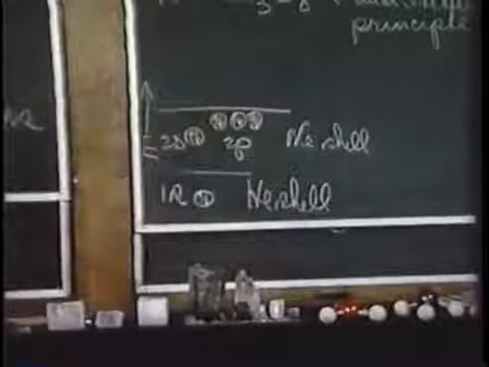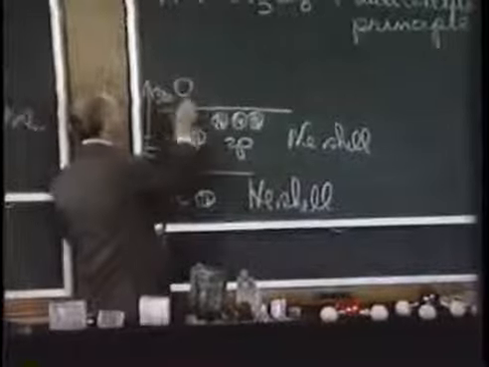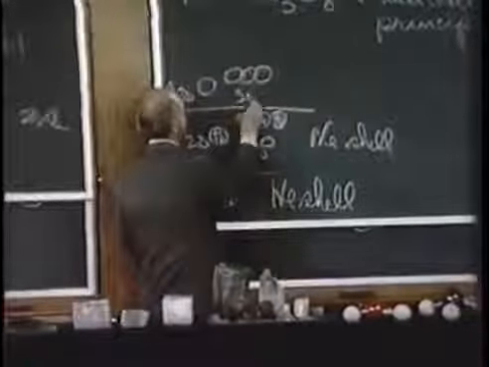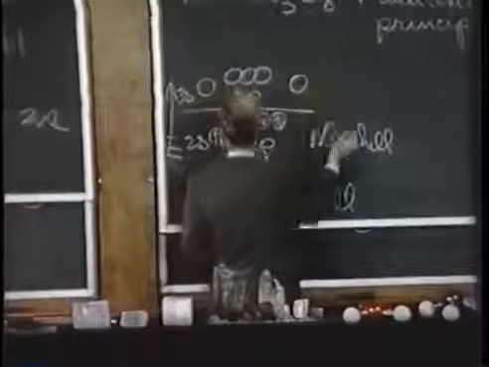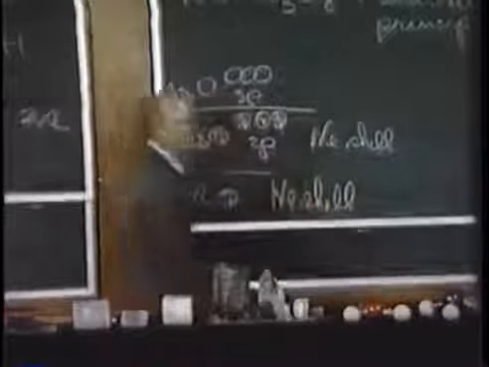Now we come to the third shell in the periodic table, a 3s orbital and three 3p orbitals.